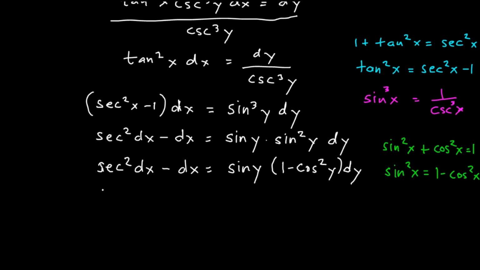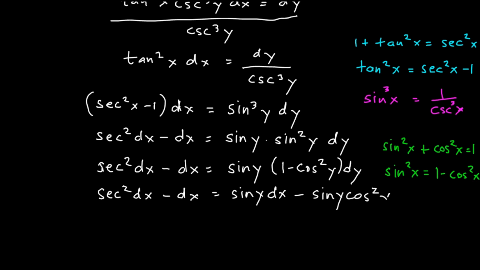Okay. Then, we have secant squared dx minus dx equals, distribute yung sine y, so sine y times 1, so sine y, then dy, minus sine y times cosine squared, so we have sine y cosine squared y dy. Okay.